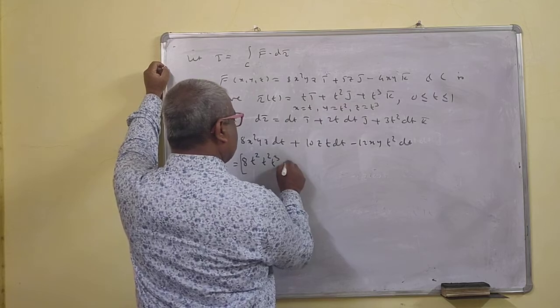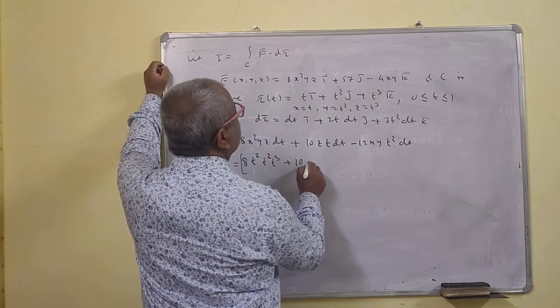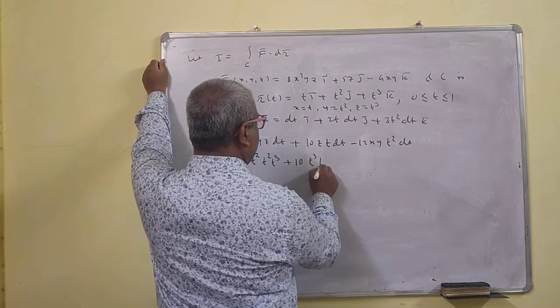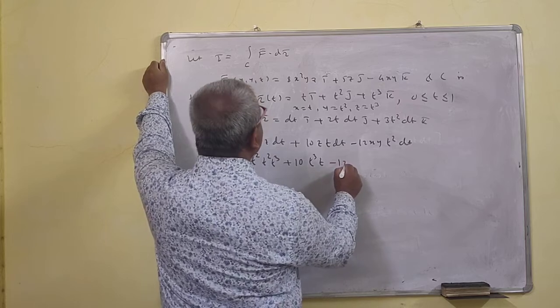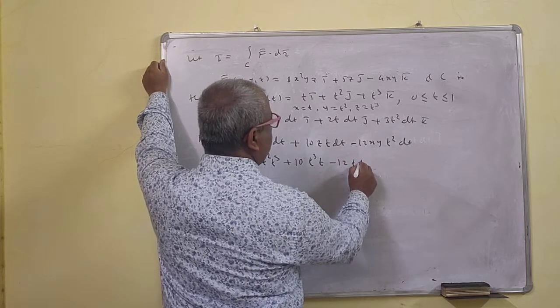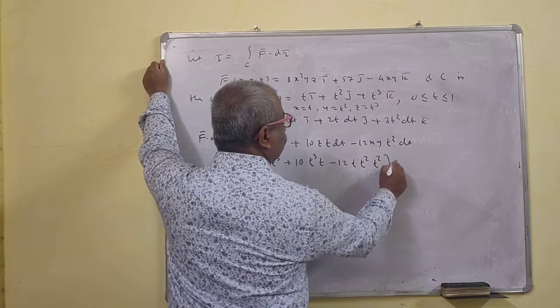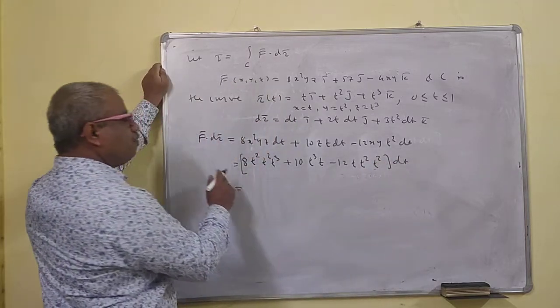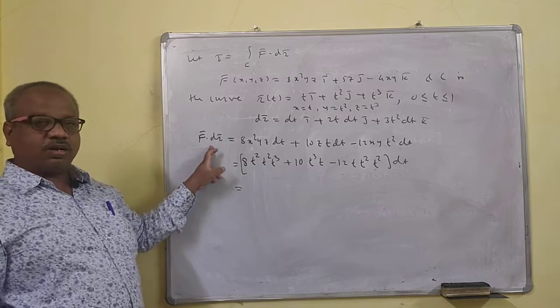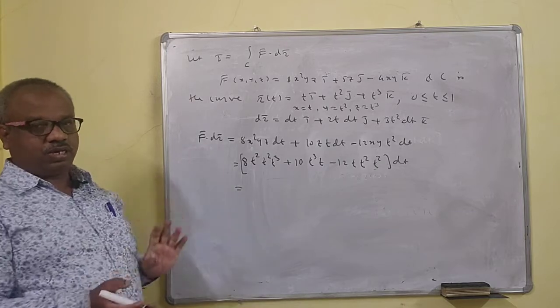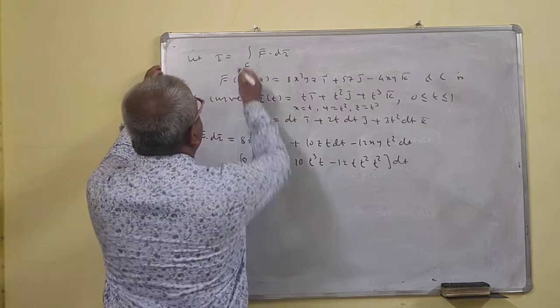I will do this product later on. So 10z is what here? t cube, t. Minus 12, what is your x? t. What is your y? t square. There is no z. So this is dt. So I will find this function f bar dot dr bar as a function of t into dt only, and then I will integrate this, your I.